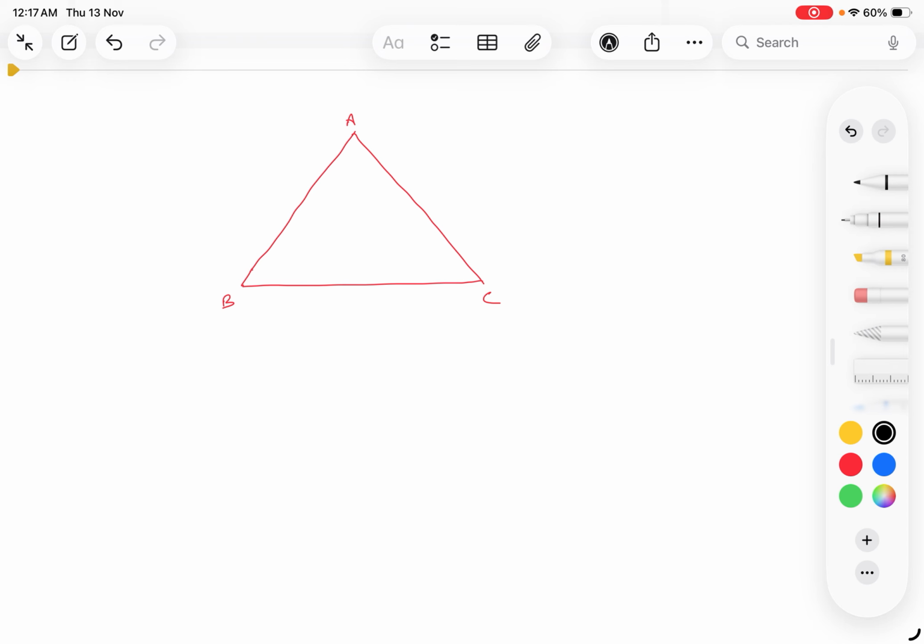Next is your cosine law. Again, this side is a, this is b, and this is c. Cosine law says that cos of any angle A, if we need to find cos of A, we will square these two sides and add them, subtract the square of the opposite side, divided by twice the product of adjacent sides.